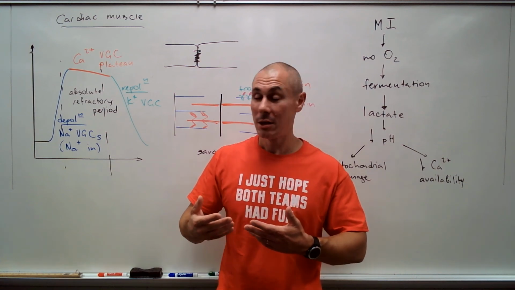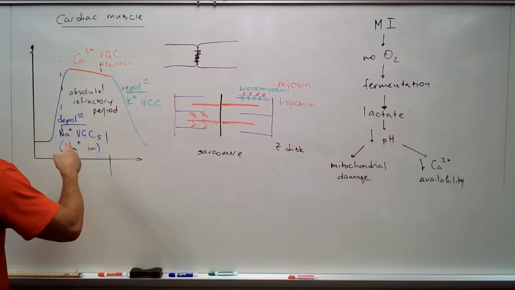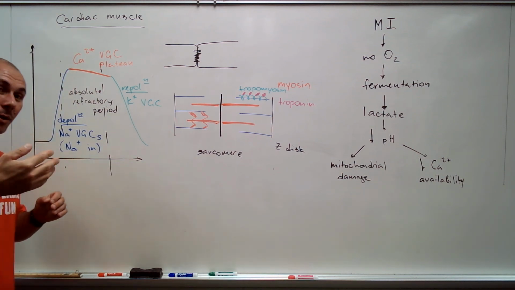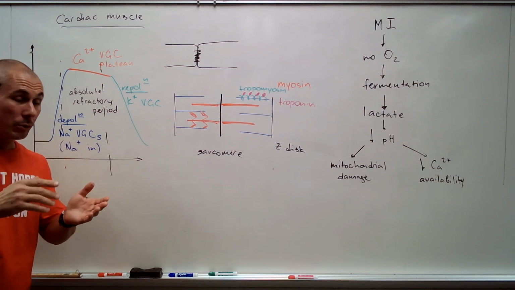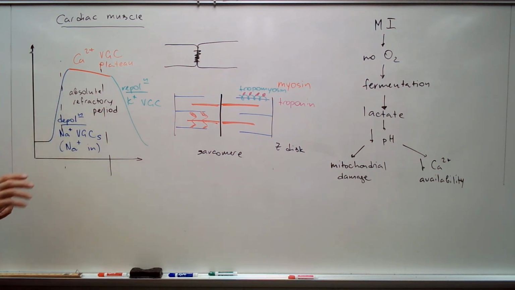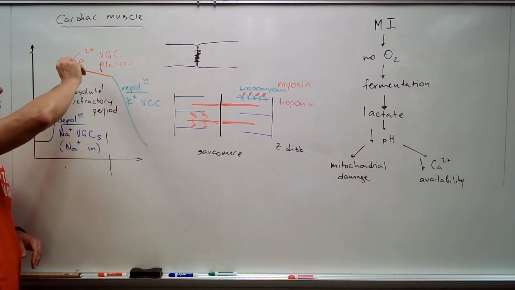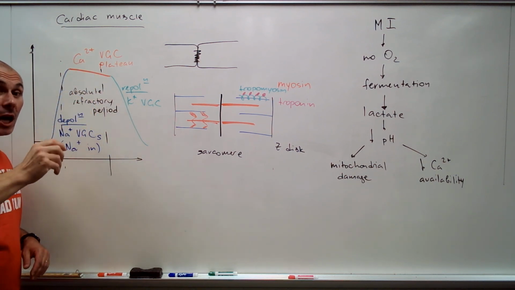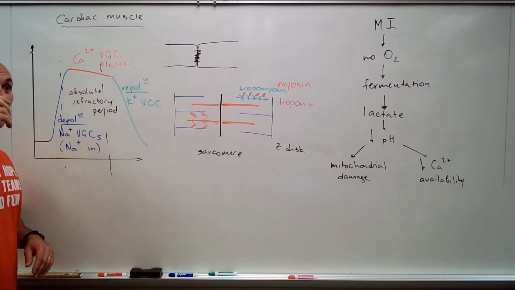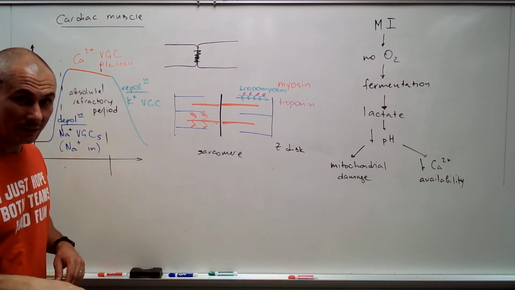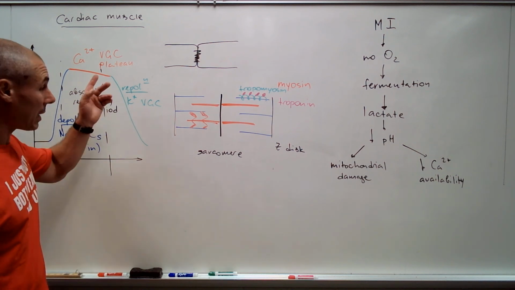Does that make sense? So when potassium channels open here, they are open most of the time. Some of them close. Calcium channels, same story. They are open most of the time, and as voltage decreases, they are open less and less of the time.